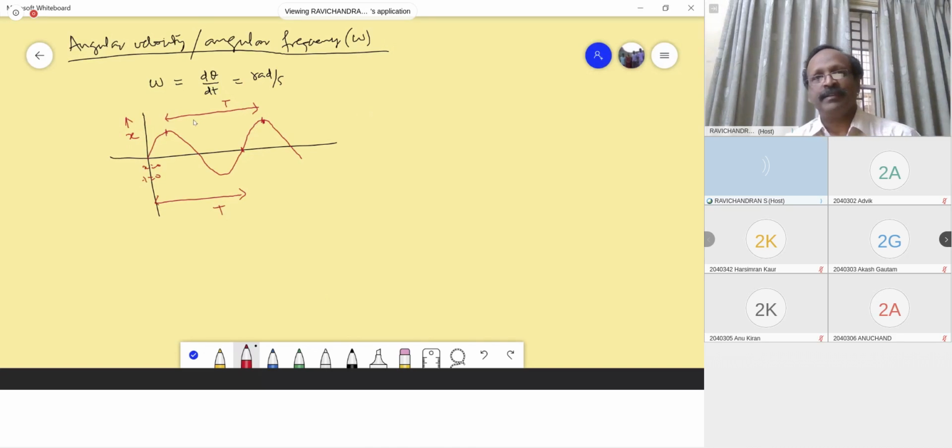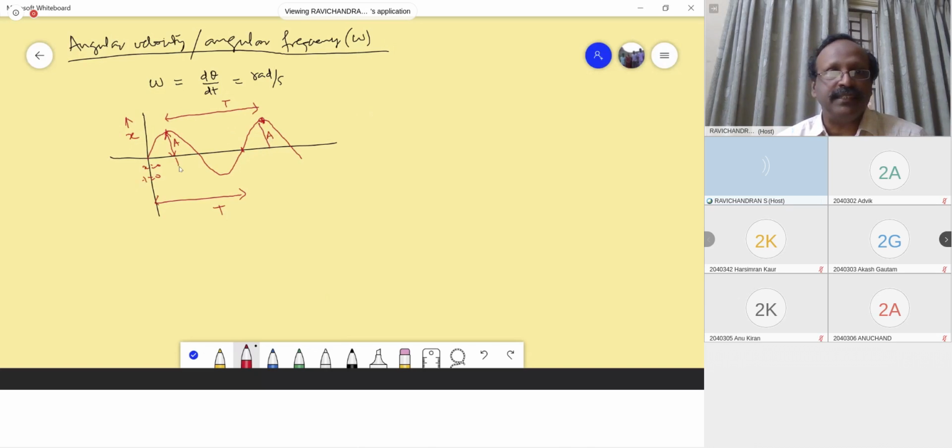Therefore, the time period is given here, and from this end to this, I want to calculate. The state of vibration here is the maximum, it has produced maximum amplitude, and here also it has produced maximum amplitude.